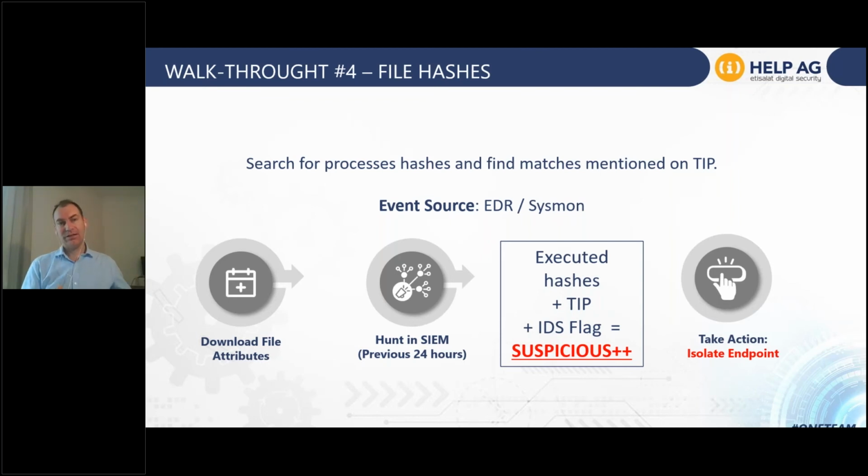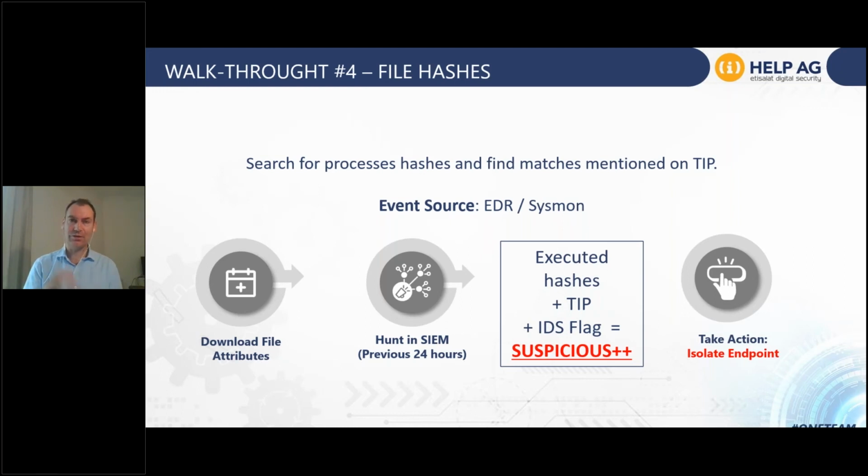So you can download information about file hashes and process hashes from the platform and go hunting for them over a defined period. Here we're using 24 hours to detect if any of those files have actually been executed and attempted to run on the systems.